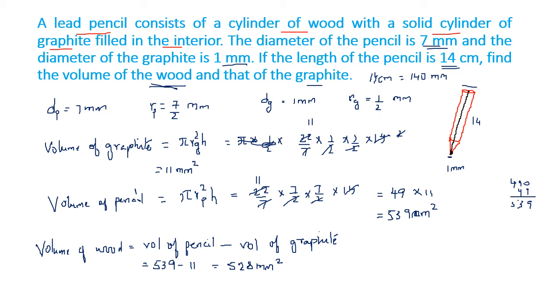I should put a 0 here, so we get 110 and 5930. I have to put a 0 here and a 0 here. We'll keep the answer in mm, just a small conversion. The answer is 5280 millimeter square.